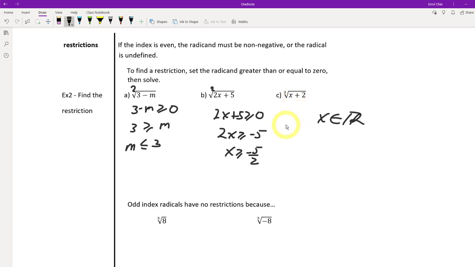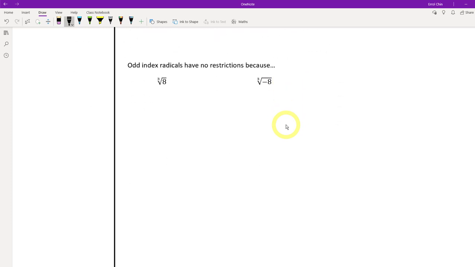It says odd index radicals have no restrictions because, well, the cube root of 8 is basically 2 times 2 times 2. The index 3 says, do you have 3 of a kind? The answer is yep. It's just 2. How about the cube root of negative 8?